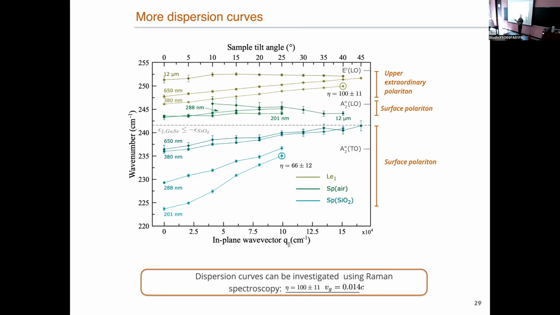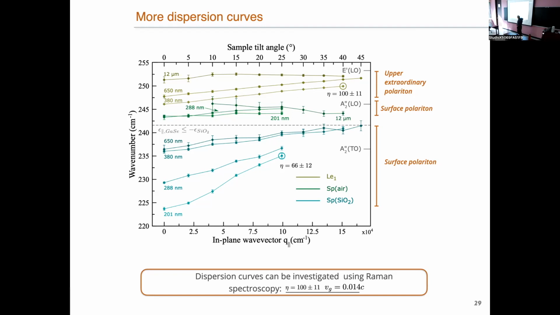So we have a strong light component here to generate this frequency. But this occurs at a wave number of about 15 times 10 to the inverse centimeter. From this, we can calculate the confinement with respect to the free space wavelength, and what we get is 100. 100 is one of the best confinement values that have been reported so far for phonon polaritons.